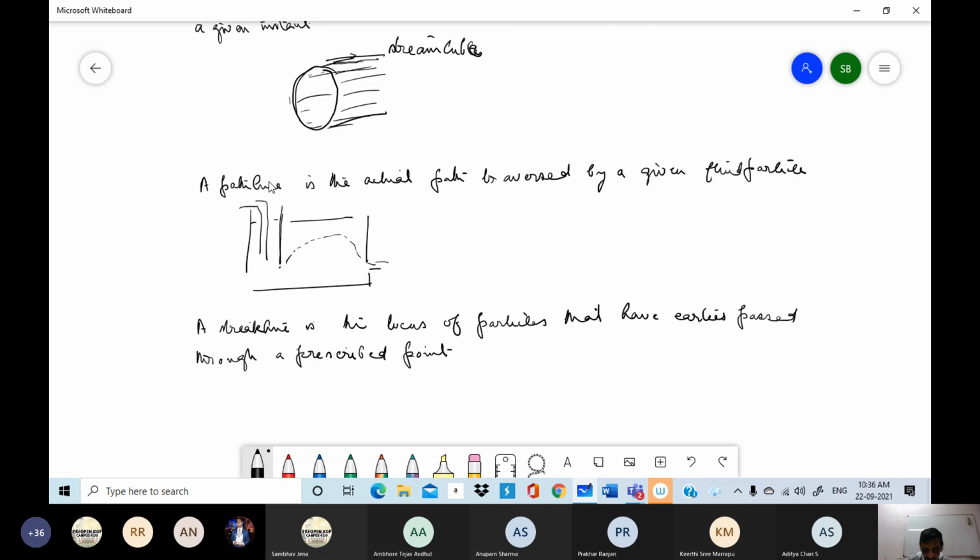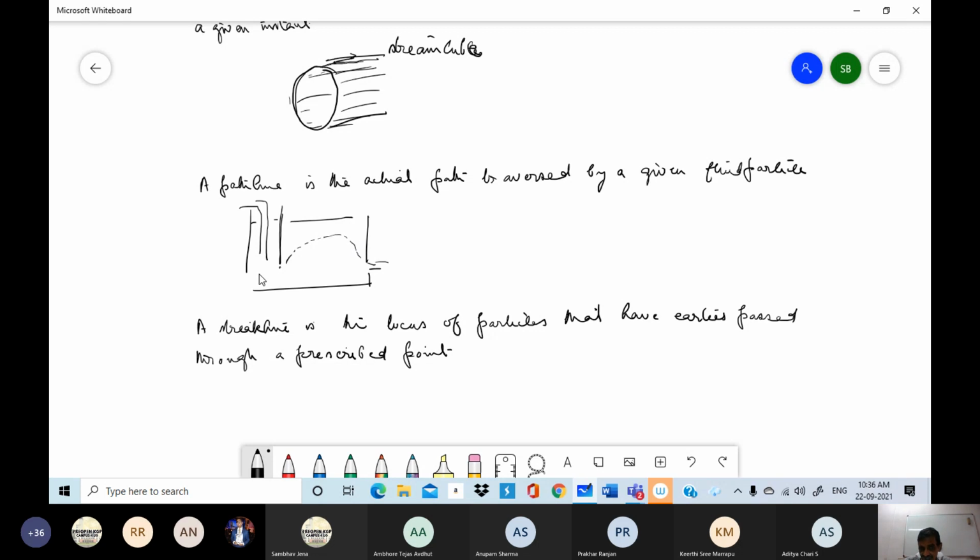So the difference between a path line and a streak line is that for a path line, we inject one drop of dye and take a time exposure and follow its path. Now for a streak line, we keep on injecting dye, and at a later instant, we take an instantaneous photograph.